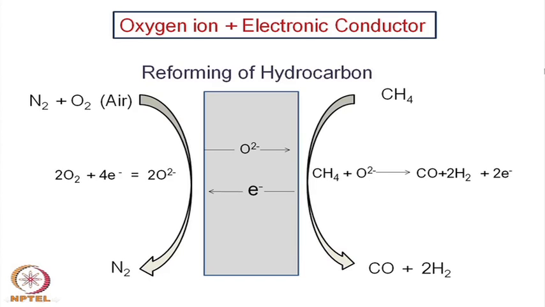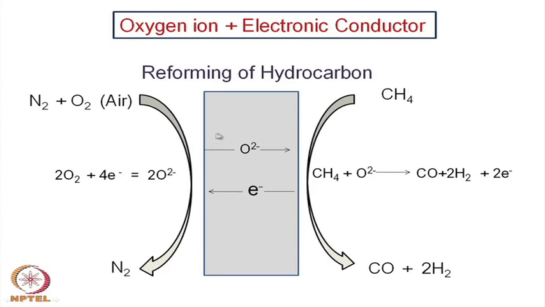So, this negative charge sitting on the oxygen ion is moving in this direction, but a corresponding electronic charge has to also move in the form of electrons. This is in the form of ions and this is in the form of electrons, and that is how the circuit is completed.